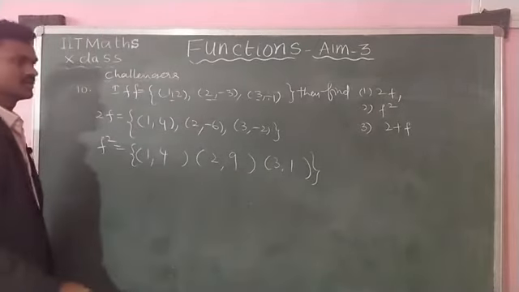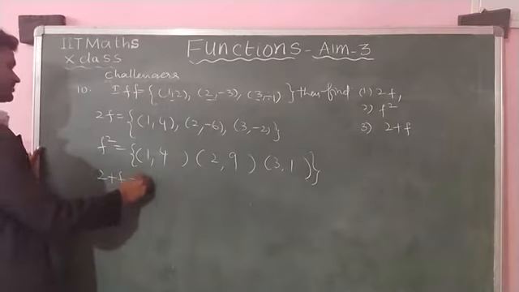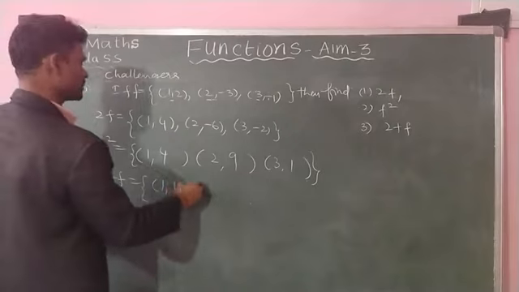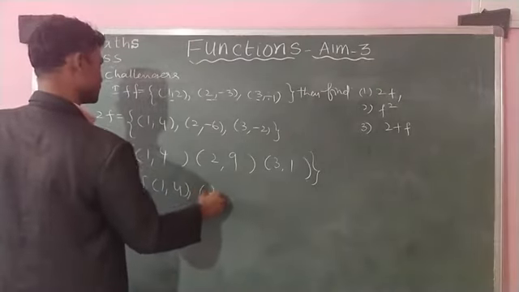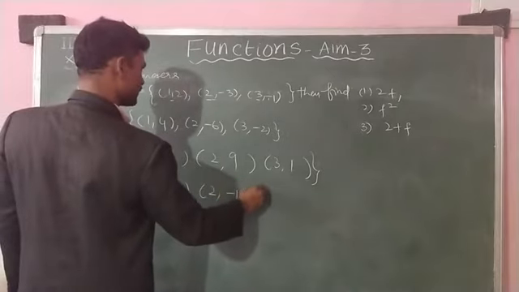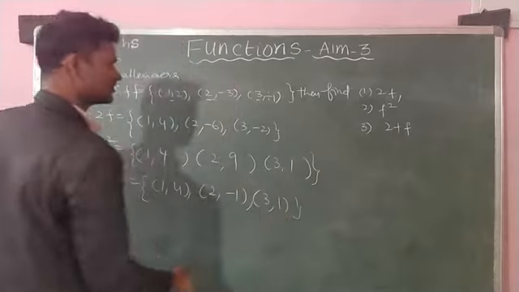This is f square. Now the third one is 2 plus f. Then here (1, 2 plus 2 is 4), and (2, 2 plus -3 is equal to -1) and (3, 2 minus 1 is equal to 1). No doubt, this is the answer.